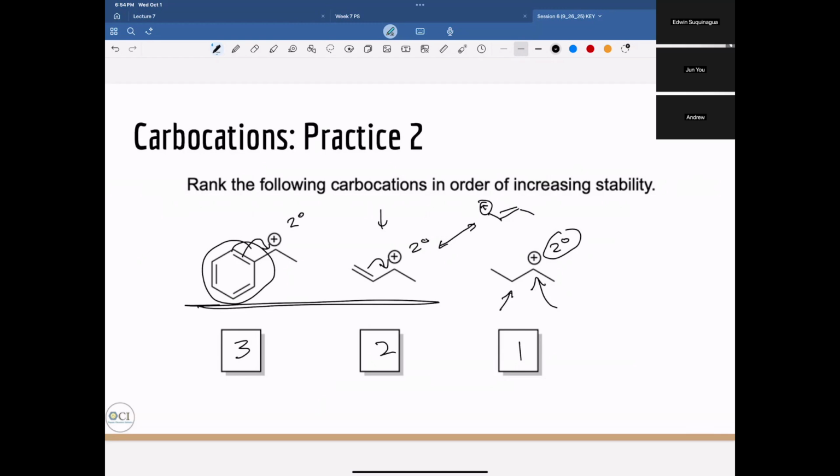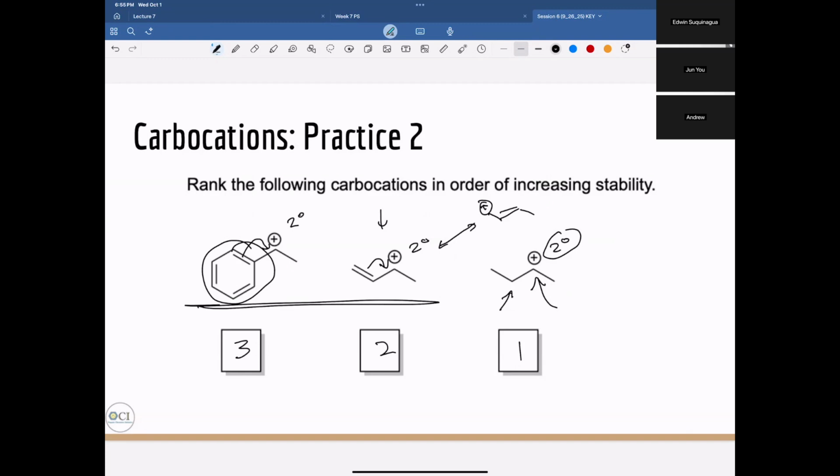Yeah, that's true. It can do resonance like this, and then it can continue to do the resonance pattern throughout the benzene ring. So there's also more resonance structures you can do with the first one. Does that make sense? Using resonance arguments to determine stability? It has a bigger carbon chain attached to it. Would that always be true between two different ones?